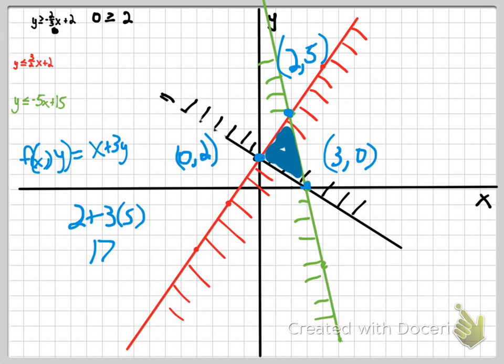So this is our max value for f of x. And for our min value for f of x, we would use this point. We plug in 3 for x, 0 for y, and we get 3. And those would be your values. Do you see what I did there? I took the highest point, the lowest point, and plugged them into the function f of x, and got a value. Hope this helps.